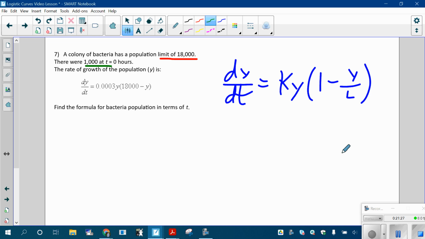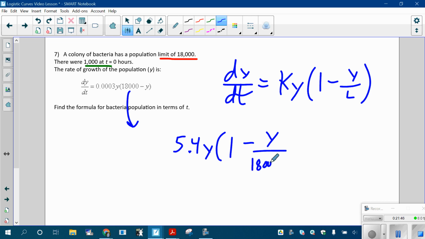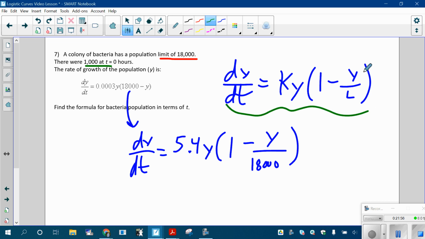Grab out my good old-fashioned TI-83. I'm going to rewrite this like this: 5.4 y times 1 minus y over 18,000. I GCF'd out an 18,000. And now this differential equation looks exactly like this.